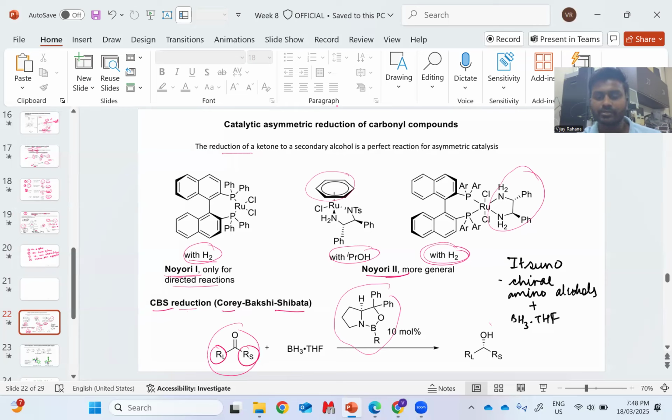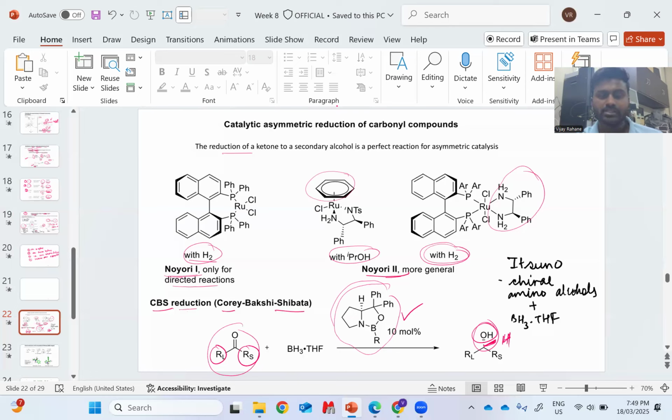In this case the reduction takes place, with the attack of hydrogen on the beta face. So the hydroxyl group you can see here is directed alpha, and the hydrogen attached is directed beta. This is the CBS based reduction. The active catalyst used for this reduction reaction is this proline based ligand with boron in between the nitrogen and oxygen.